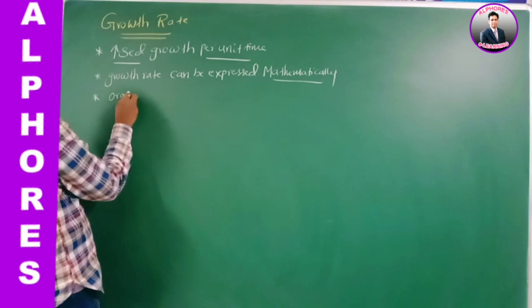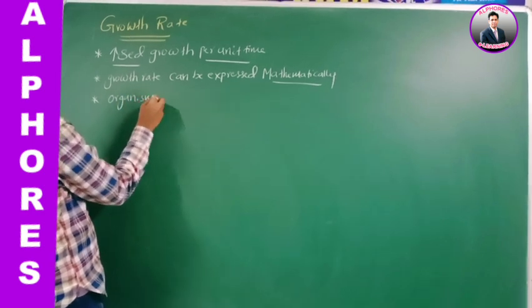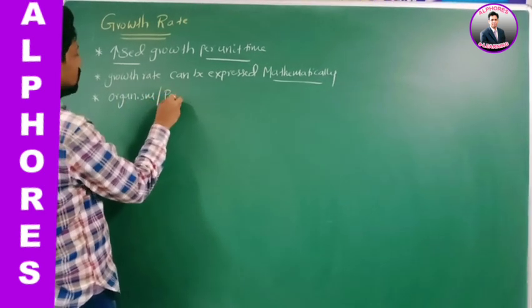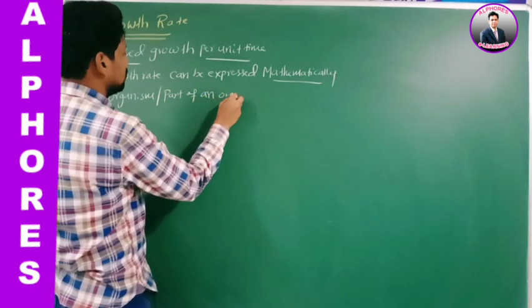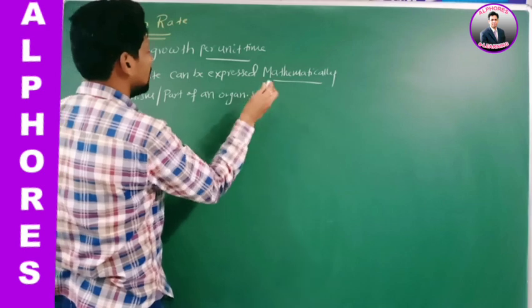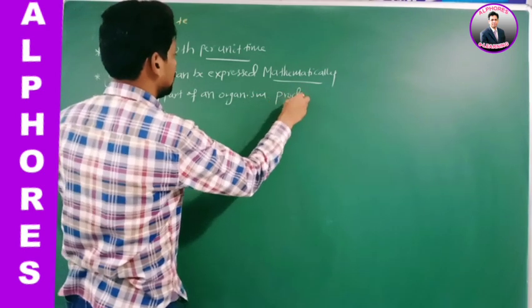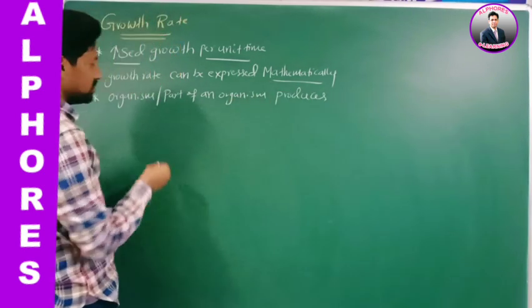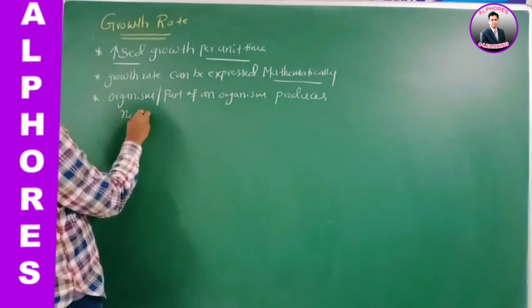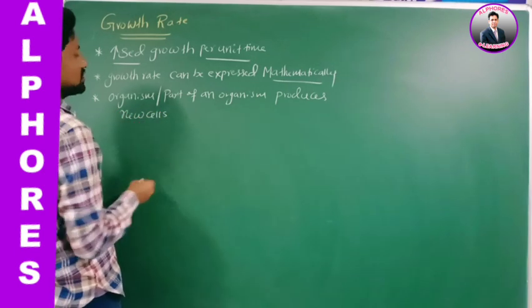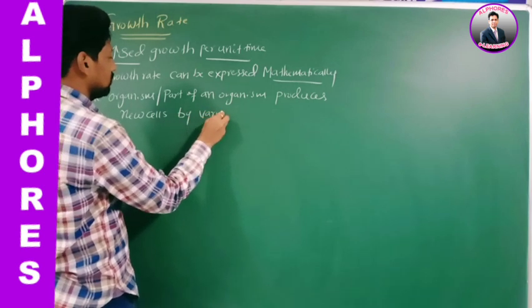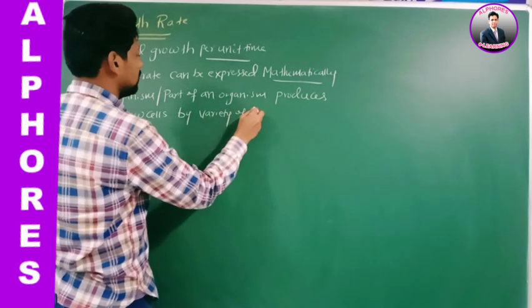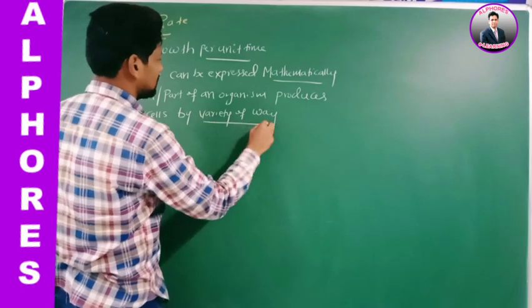Organism or part of an organism produces new cells by a variety of ways.